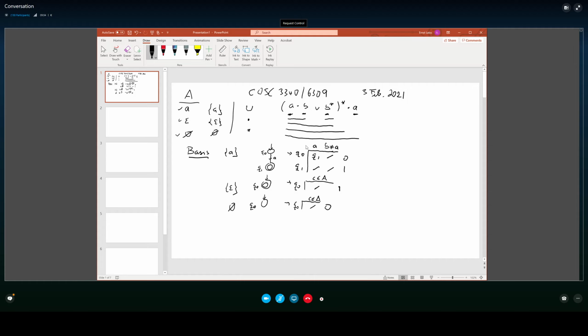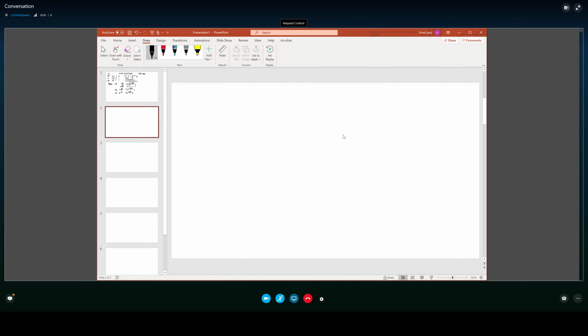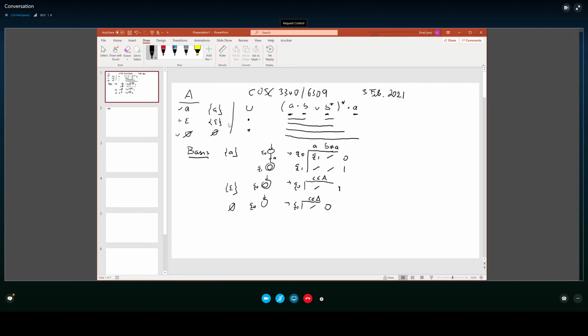Now, in order to do that, let's do the union. We will have to make an assumption. If you go back to the definition of a regular expression, which I wrote down last time, you can go back and consult it.